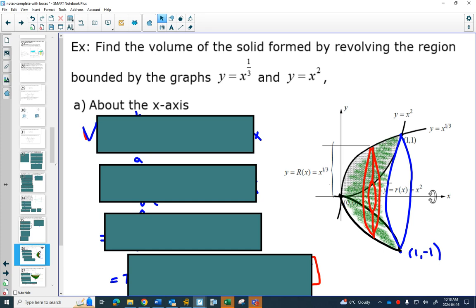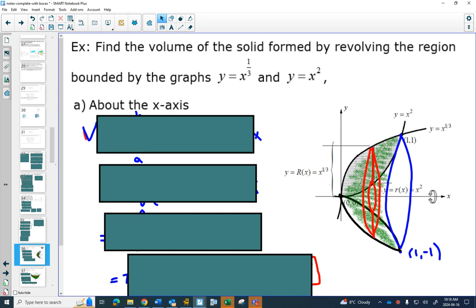And since this red length is positive, if you did pi r squared with that length, you would get a positive area for the circle. So it doesn't matter where the object is when it's rotated, the volume will always be positive.